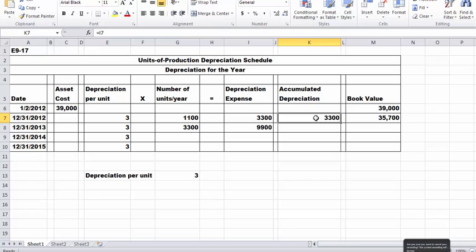Okay, and then we're going to take our accumulated depreciation at the end of the second year, which is $13,200. And we have the book value of the asset at $25,800 at the end of 2013.